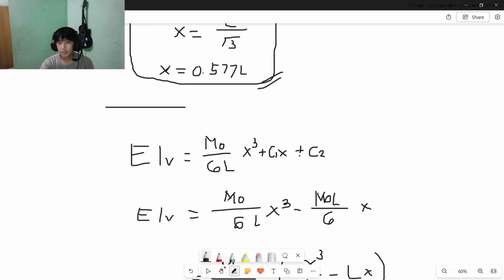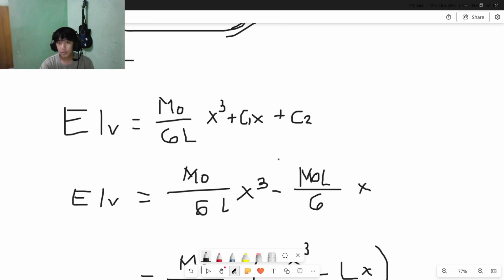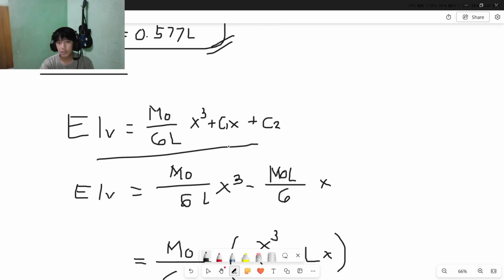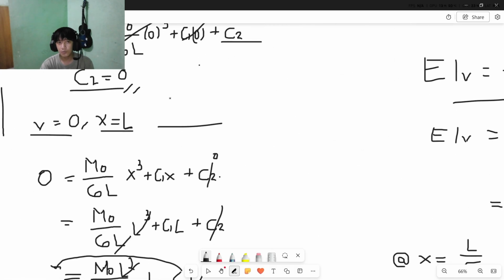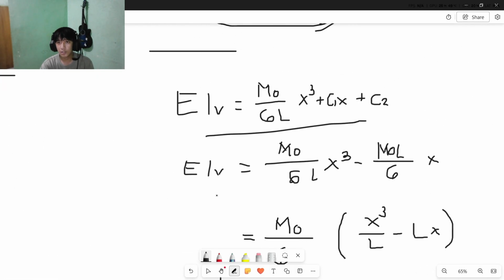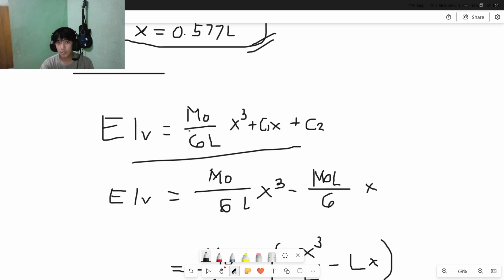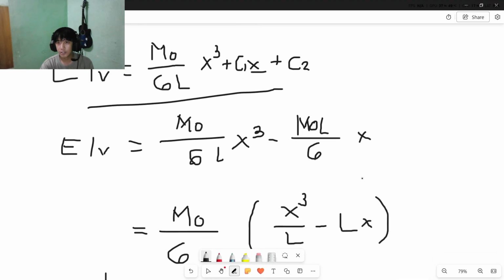And since we have this equation, we can substitute the values that we got from c1 and c2 again. So the value of our c1 is negative m sub o times L over 6, and then we multiply it by x, our variable x here.